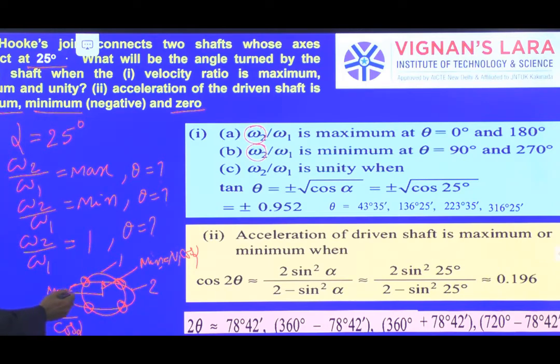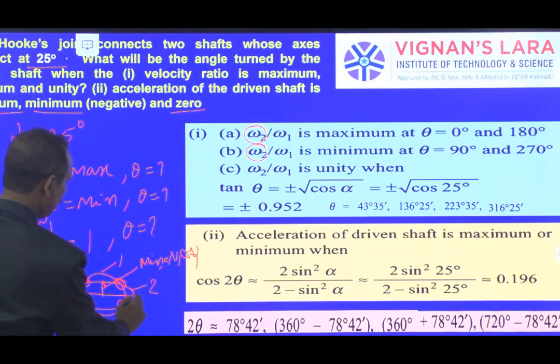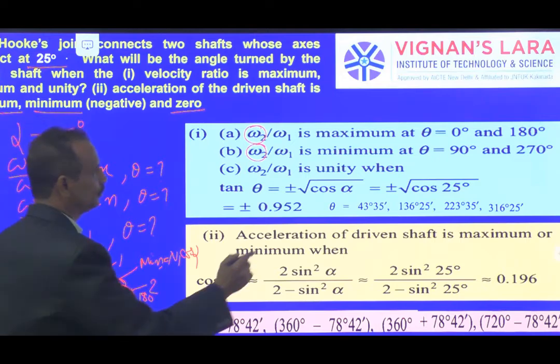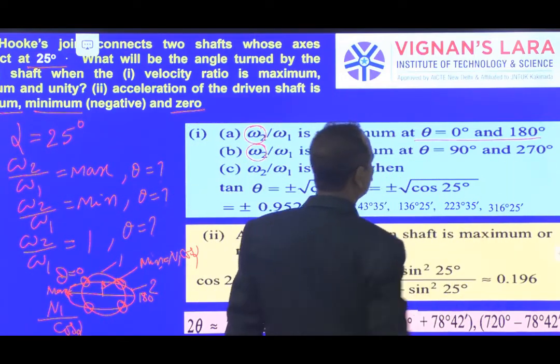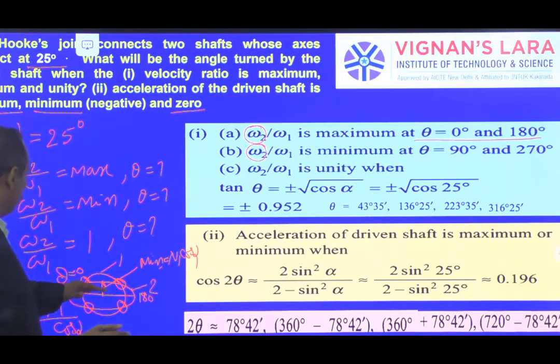When ω2 is maximum, θ is 0, and similarly once again this happens at 180. This is the answer. Here we don't solve anything; by knowing this analysis, we can write directly. Similarly, when ω2 is minimum, this is the point where θ is 90, and in the downward direction θ is 270.